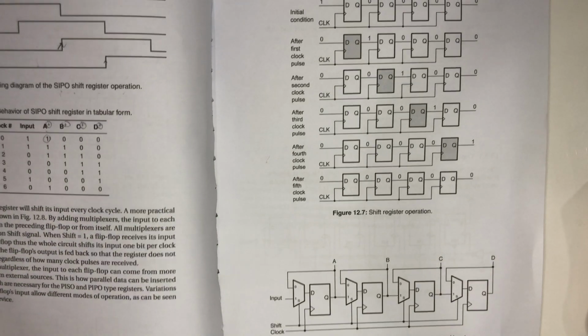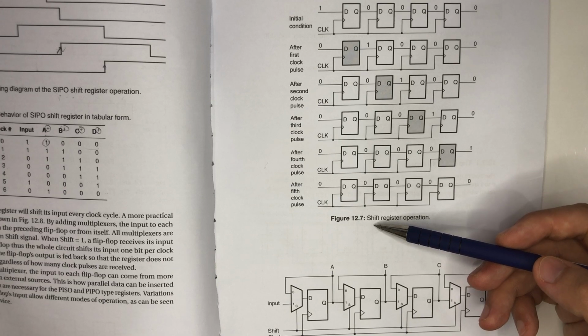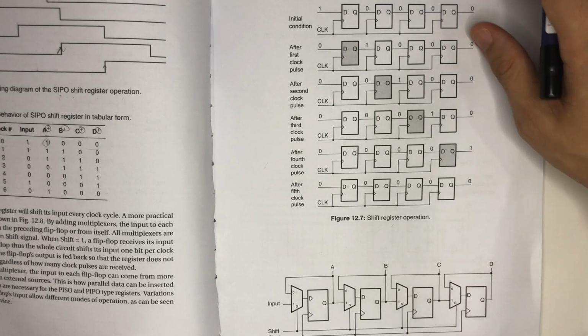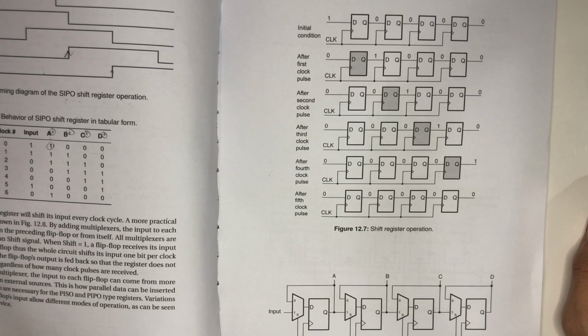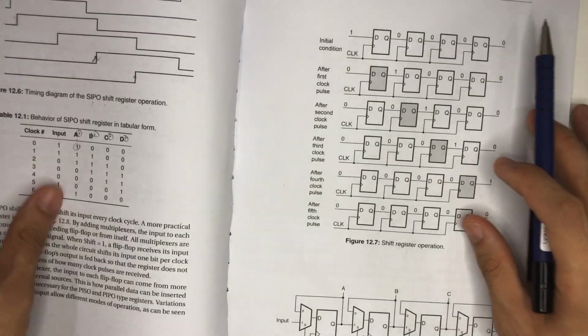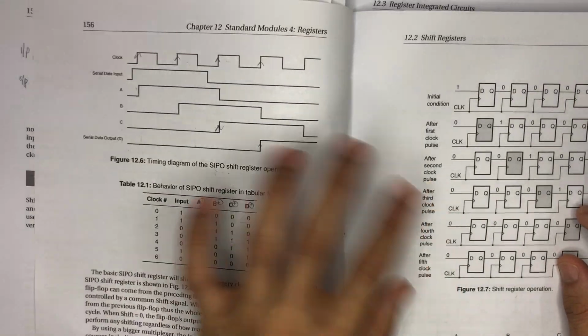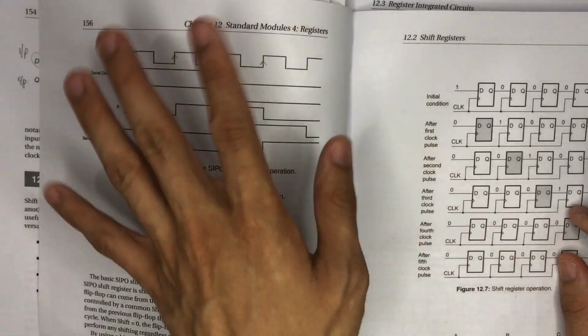So this is the shift register operations. This pretty much explains what I explained in figure 12.6. Here and here is almost explaining this in a different way.